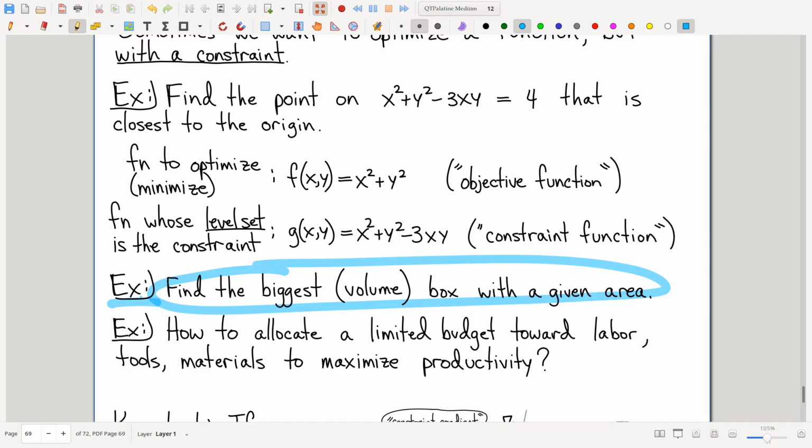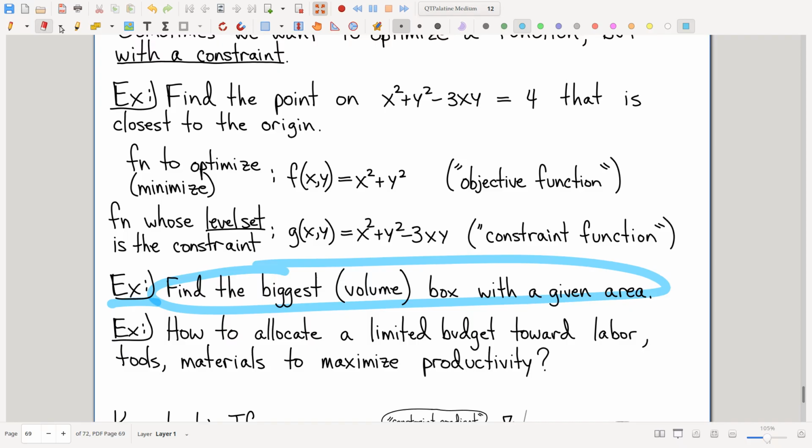Well, maybe the area costs money, and you have a budget. You only can afford a certain amount of the material that it takes to make this box. So the area is settled, so you don't have any discussion of what the area of the box is going to be. But you could make it long and skinny, or tall and wide, or you can make it kind of generally cube-like, or you got all sorts of options there. You want to make the volume as big as possible.